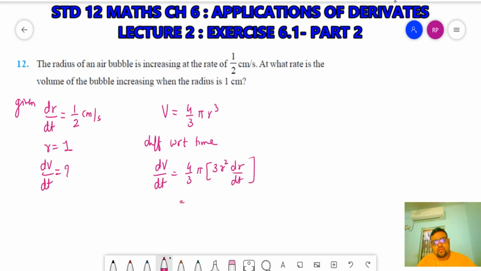Let's put down the values: 4 by 3 pi 3. What is r? 1. So 1 square will be 1. dr by dt is 1 by 2. So 3 3 gets cancelled. 2 ones are 2, 2 twos are 4. So dV by dt is equal to 2 pi centimeter cube per second.